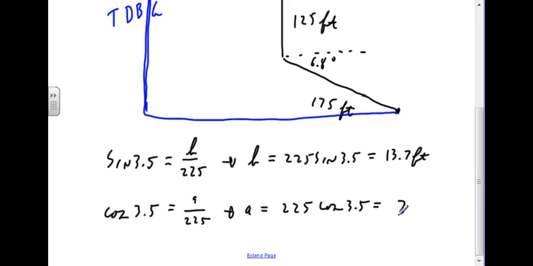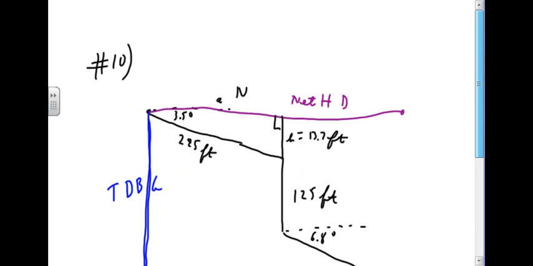And we're going to have 224.6. So A is equal to 224.6. Now, could I do that differently?